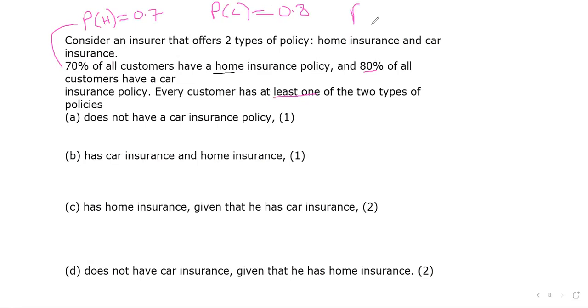So meaning home union car is equal to 1. So meaning at least one of them. So 100% of the population has what? An insurance. Now help me find the probability that the person does not have a car insurance. What are they asking for? A person does not have a car insurance.